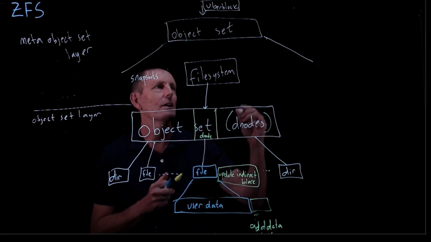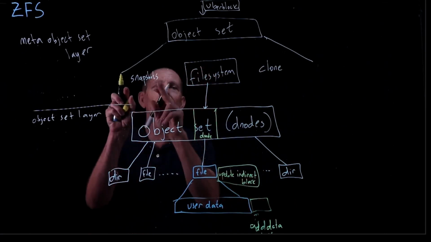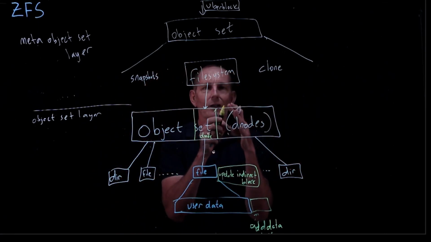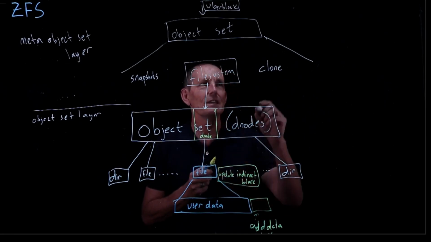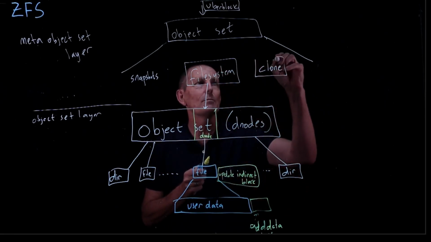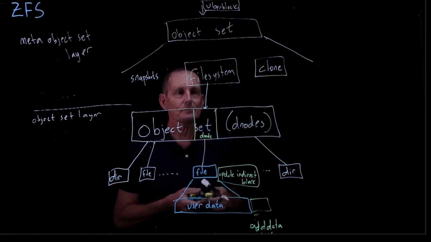Okay. There are clones. The only difference in ZFS is a snapshot is read-only, and a clone is like a fork. I'm going to change what happens. So these are all different objects referred to by dnodes from this object set.